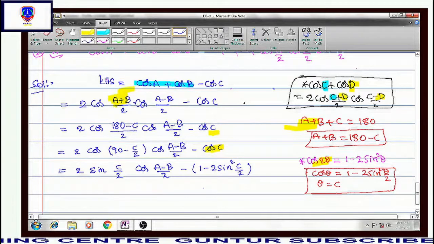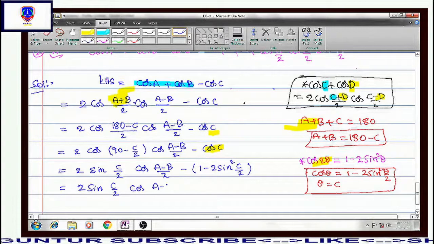Now this is equal to 2 sine C by 2 cos of (A minus B) by 2, multiplying with minus 1, we have minus 1 plus 2 sine square C by 2.